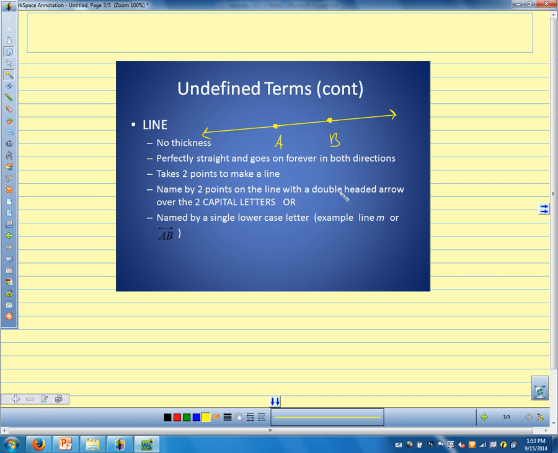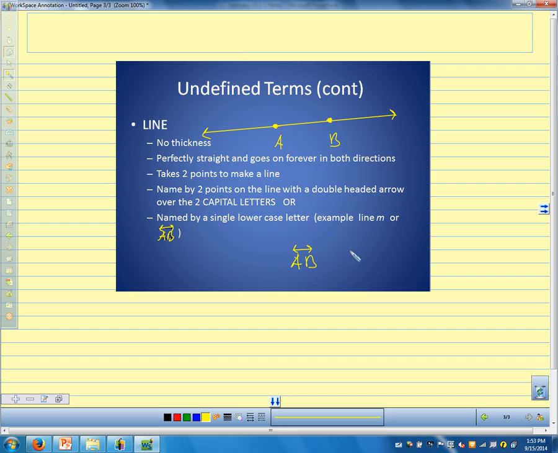We name it, another important characteristic, by 2 points on the line with a double-headed arrow over the letters. So we would say, and that's what this says down here, I'll write it there. This is line AB. So the 2 arrows tell us that it goes on forever.